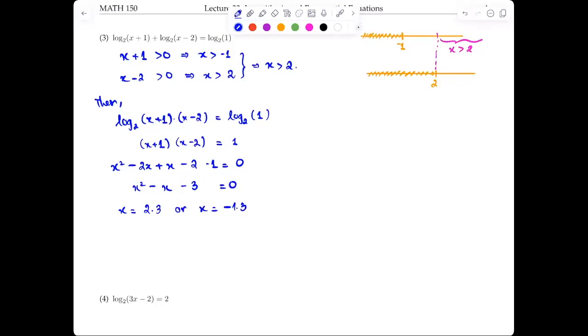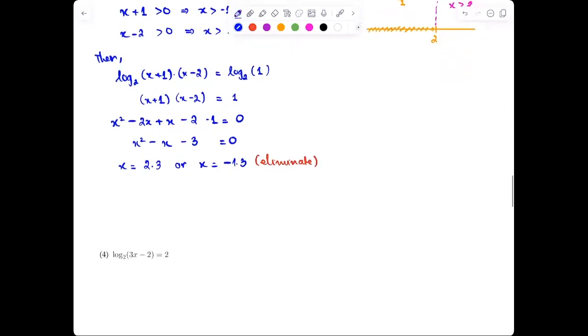So the solution is only x equal to 2.3. If for some reason you have to eliminate both solutions, then the conclusion is there are no solutions.